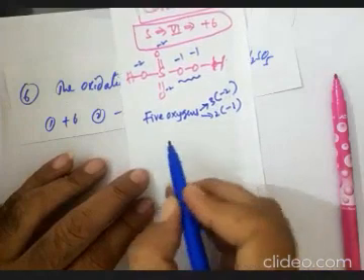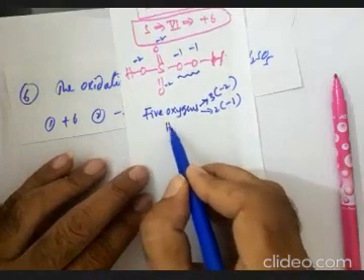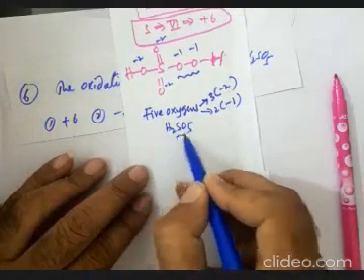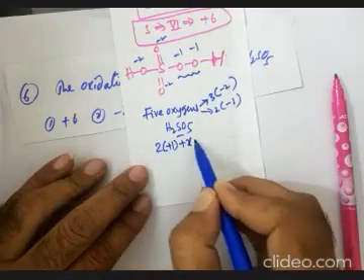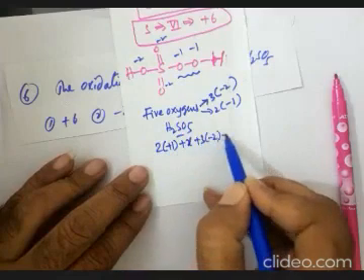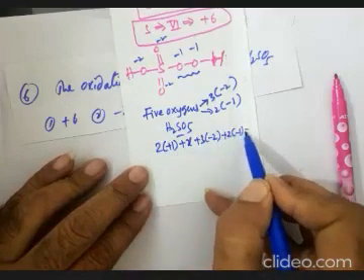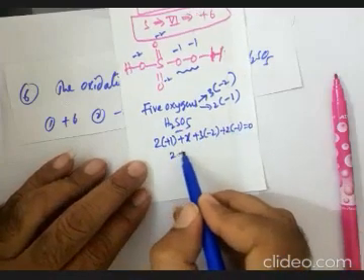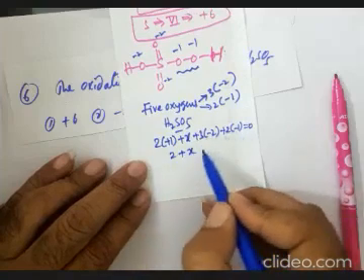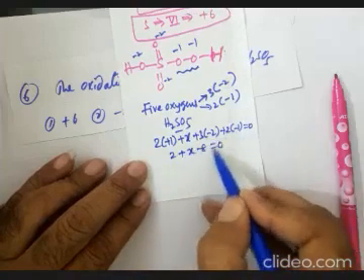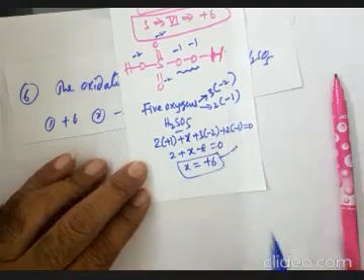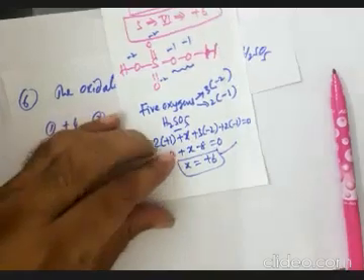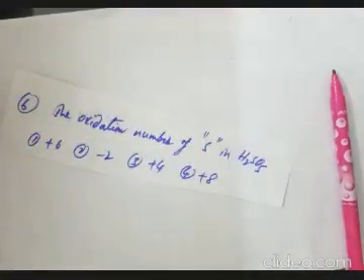So now you can calculate in H2SO5: 2 into +1 plus x plus 3 into -2 plus 2 into -1 is equal to 0. 2 plus x minus 6 minus 2, minus 8, is equal to 0. X is equal to +6 is the answer. Keep in your mind.